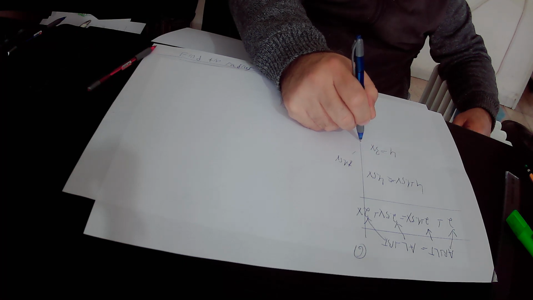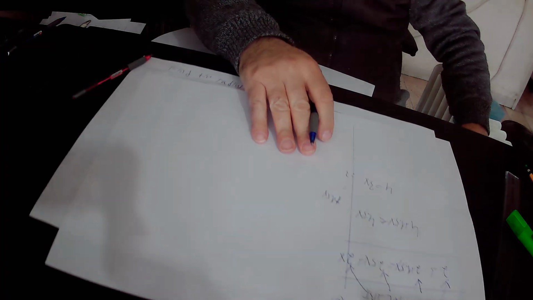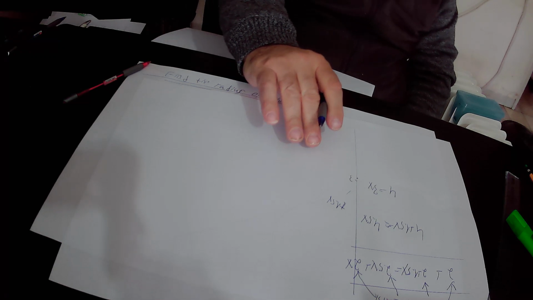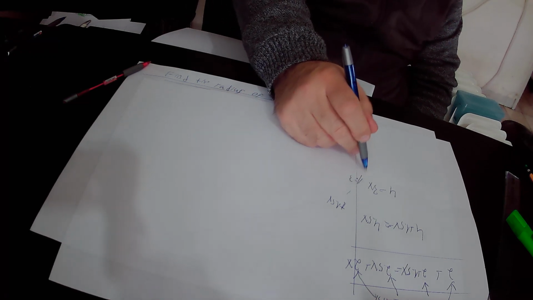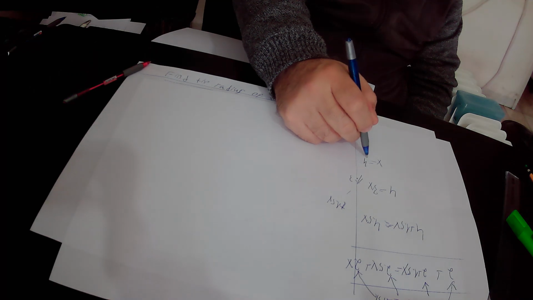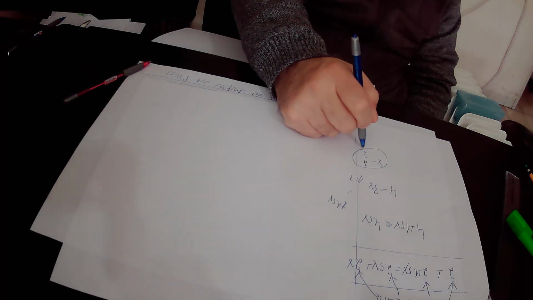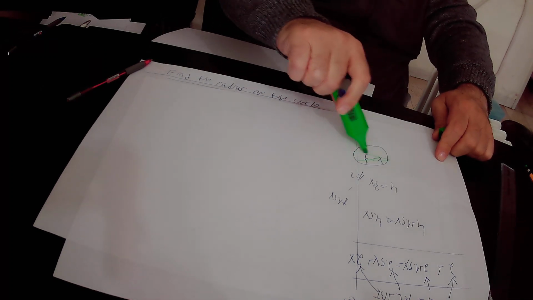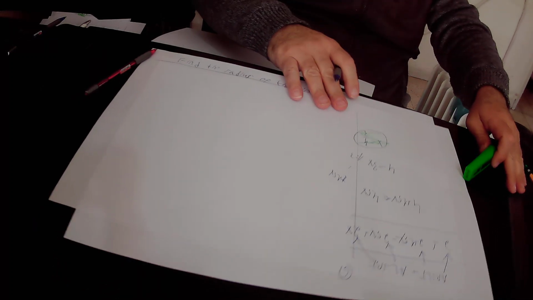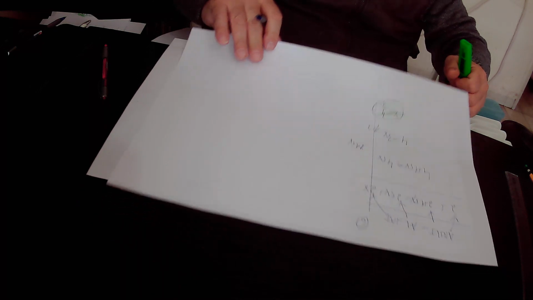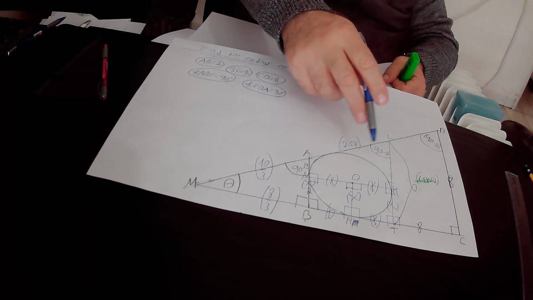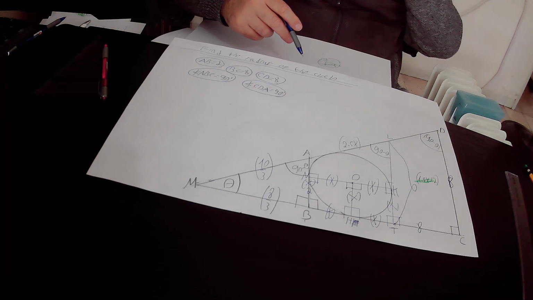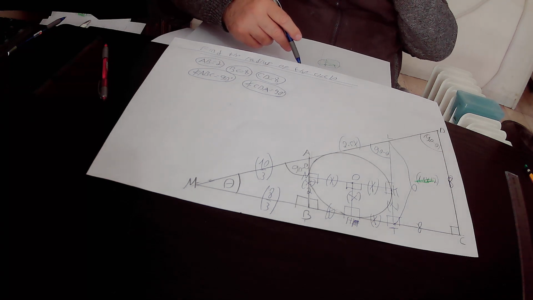Here we divide this equation by 3, and we get that x equals 4 over 3 units in length. So the radius x of this circle equals 4 over 3 units.